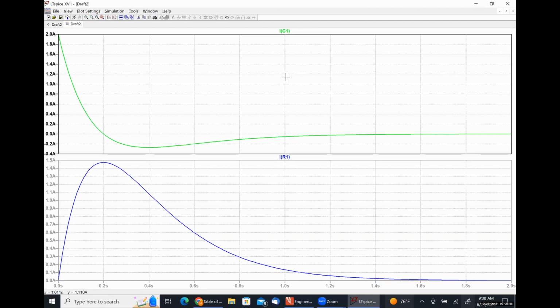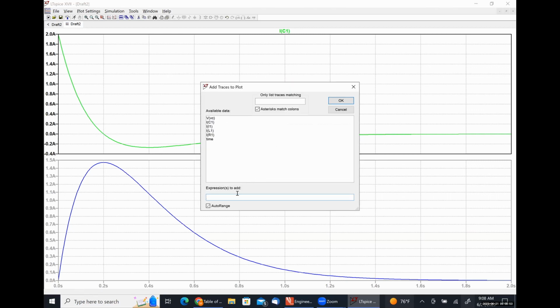With the top plot plane selected, I'm going to go to add trace, and I'm going to put in a mathematical expression. I'm literally going to put what we solved for our capacitor current to be. If I'm remembering correctly, this was -10 times time times the exponential of -5 times time plus 2 times the exponential of -5 times time.